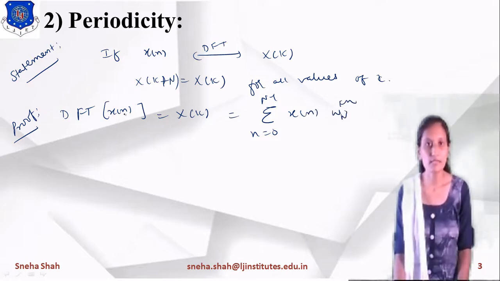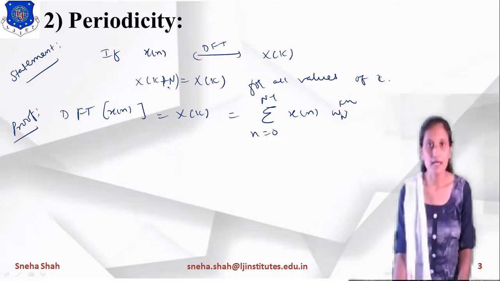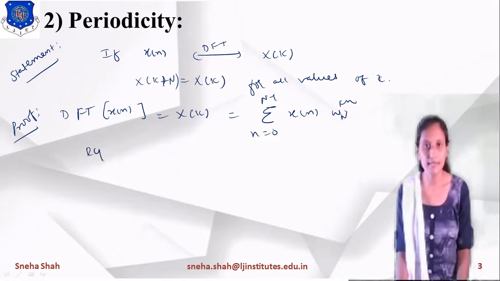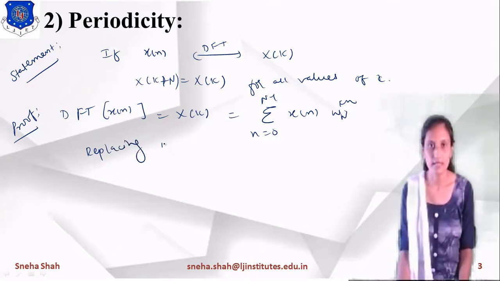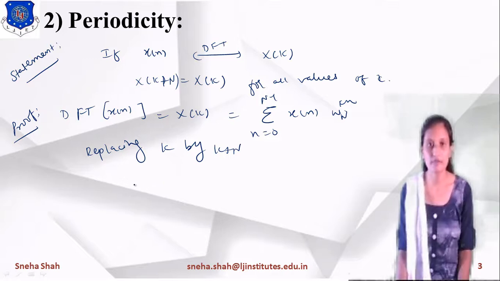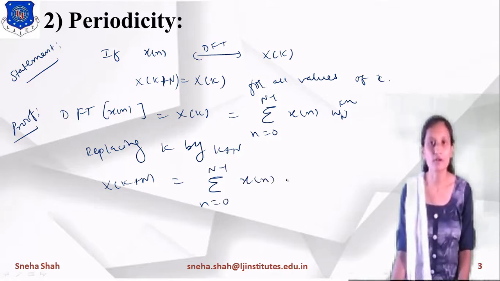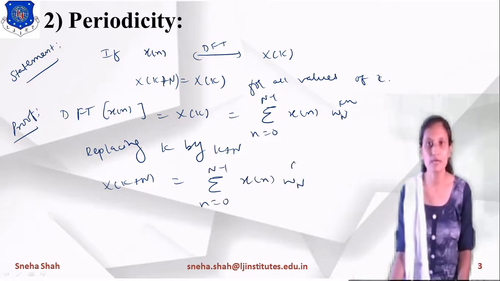Instead of this X of k, we have to find X of k plus N. So I am replacing k by k plus N. So here, instead of k, I am writing k plus N. What will be the value? X of k plus N equals summation n equals 0 to N minus 1 x of n W N raised to, instead of this k, k plus N into n.